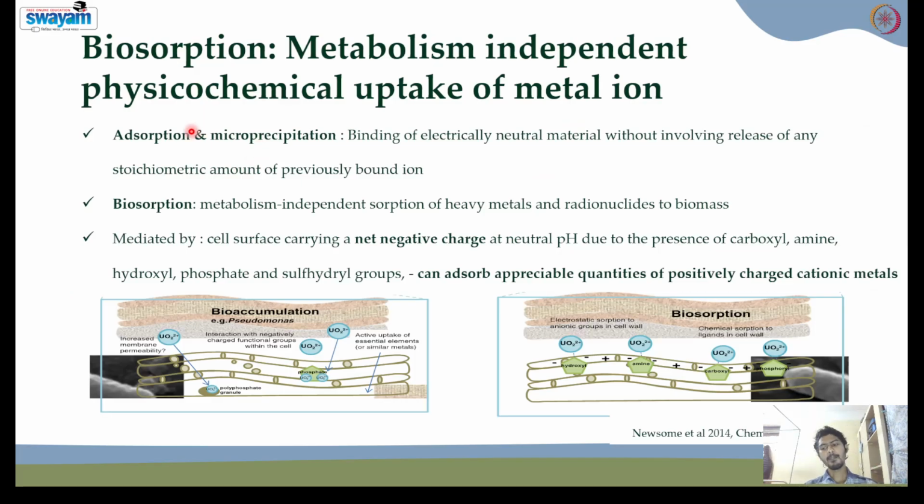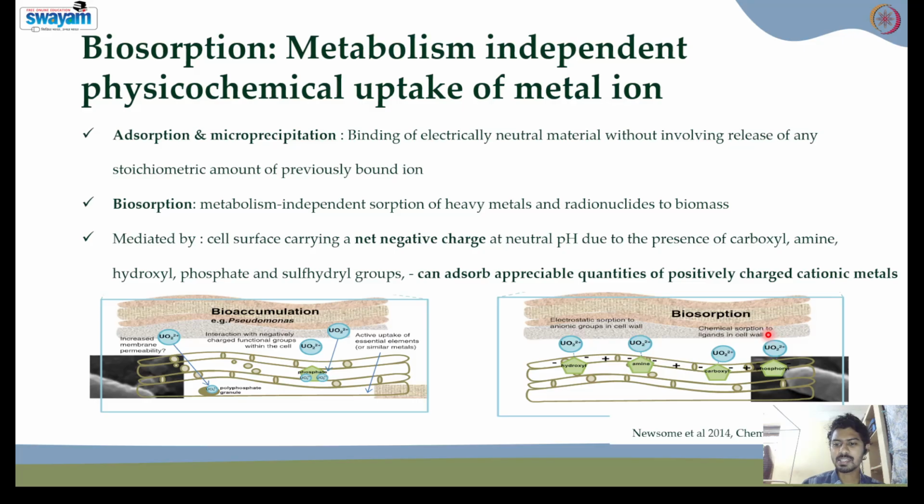And if you see the first case, which is bioabsorption, which is nothing but a metabolism-independent physiochemical uptake of metal ions. So if you see the bioabsorption, what happens? These heavy metals, through electrostatic interaction with the cell wall, bind to this cell membrane.